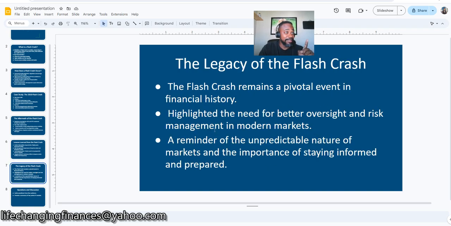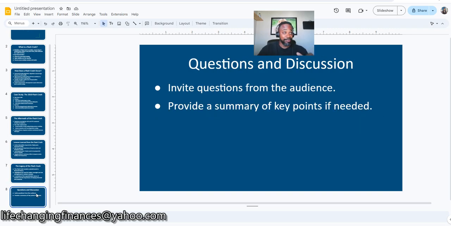Now, the legacy of the flash crash remains a pivotal event in financial history, highlighted the need for better oversight and risk management in modern markets. A reminder of the unpredictable nature of markets and the importance of staying informed and prepared. Now, to conclude this particular session, you've got questions and discussions.